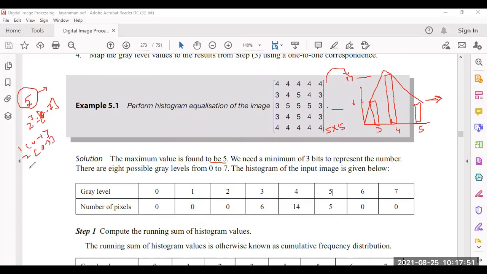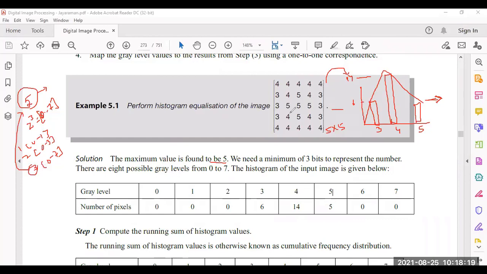So if I use 3 bits, I can represent 0 to 7. Now 3 bits is sufficient, because the maximum value is 5 and the possible levels range from 0 to 5.